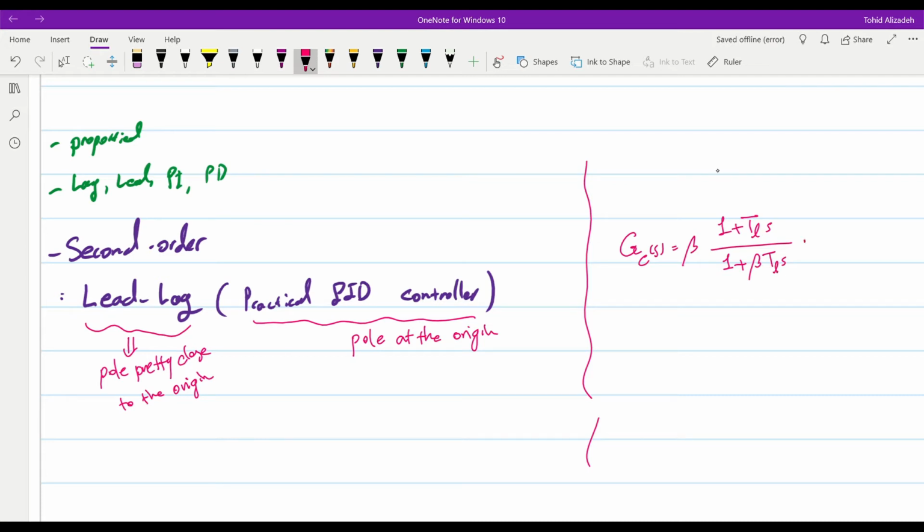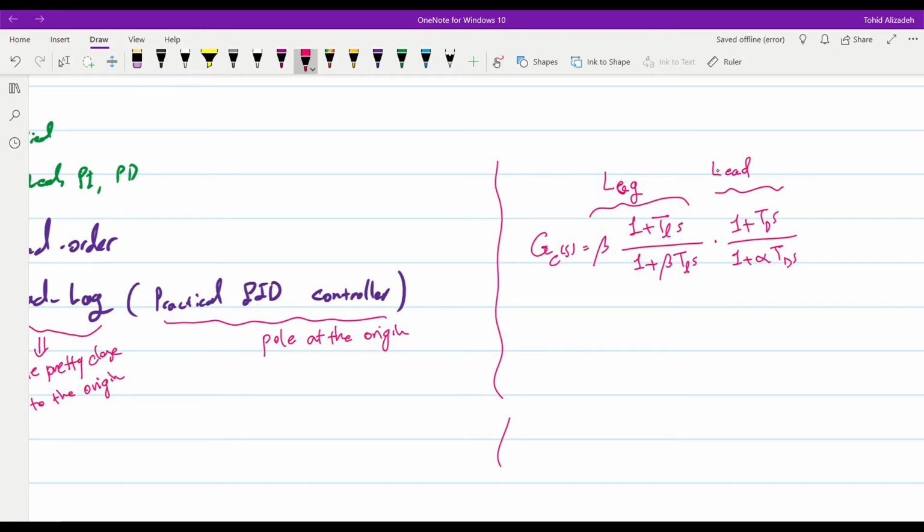This is the lag part. And then for the lead part, we have (1 plus TD times S) over (1 plus alpha times TD times S). And this is the lead part.